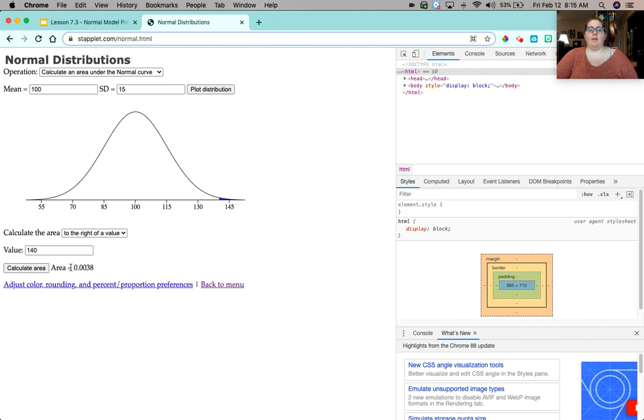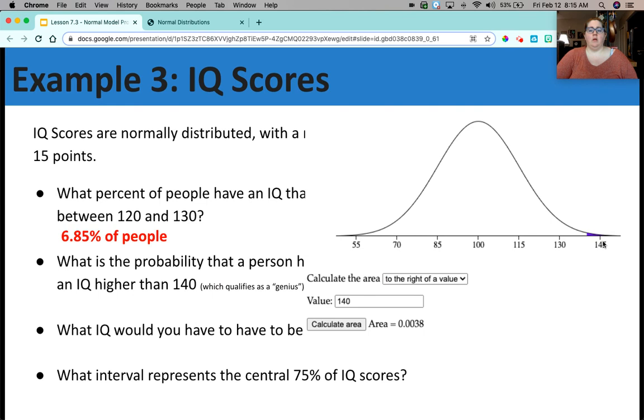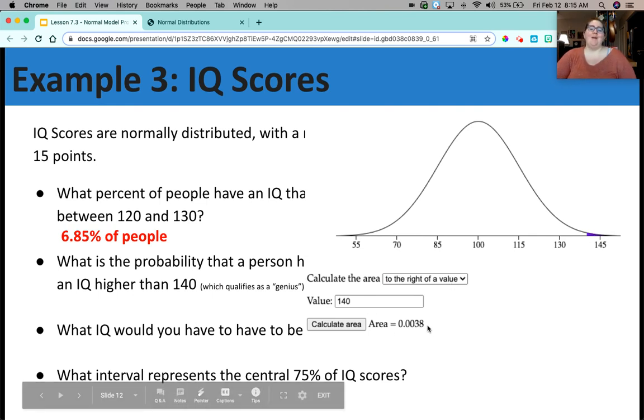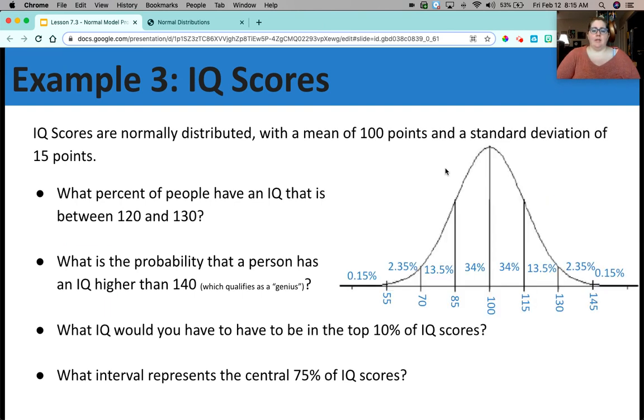Calculate area, and then it gives me that area. So there it is shaded as well, but my area is 0.0038 or 0.38%. So only 0.38%, less than a percent, less than half a percent of people have an IQ that is higher than 140.